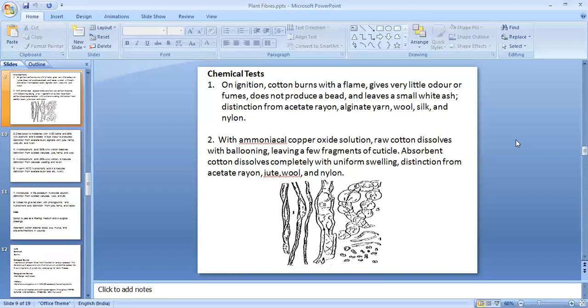And the third figure is the non-absorbent cotton, which dissolves by ballooning effect, leaving the cuticles. So this is the distinction test of the absorbent cotton or the cotton from other fibers.